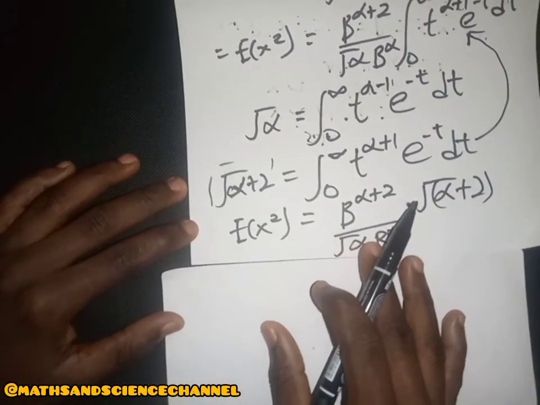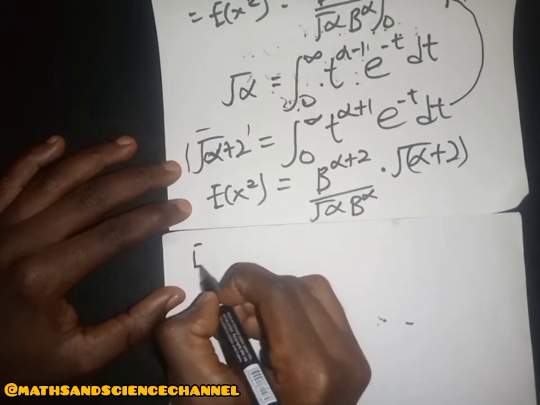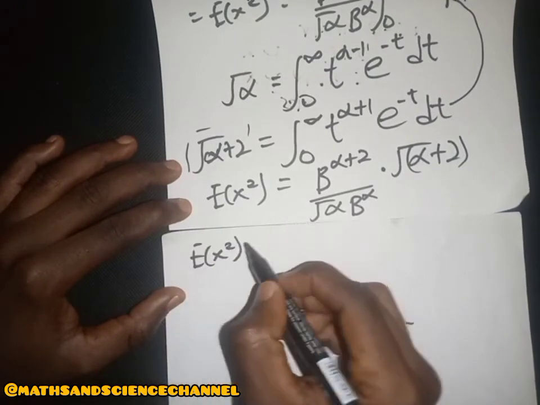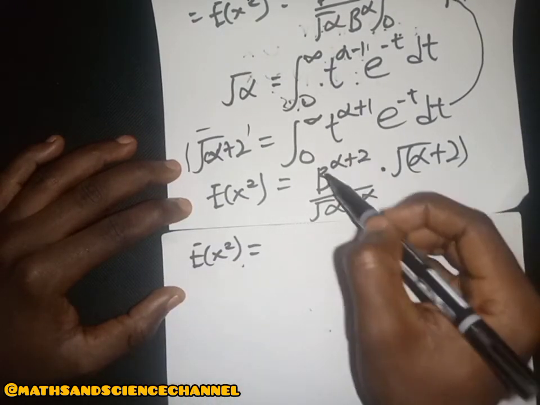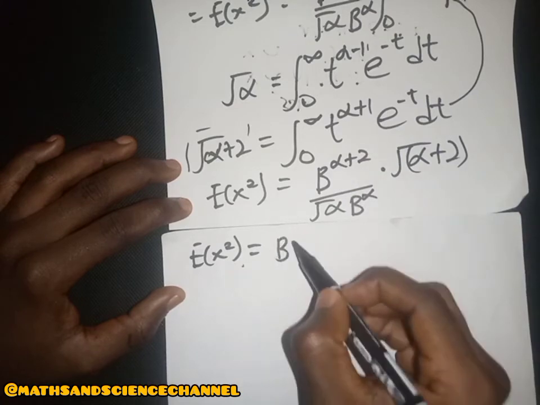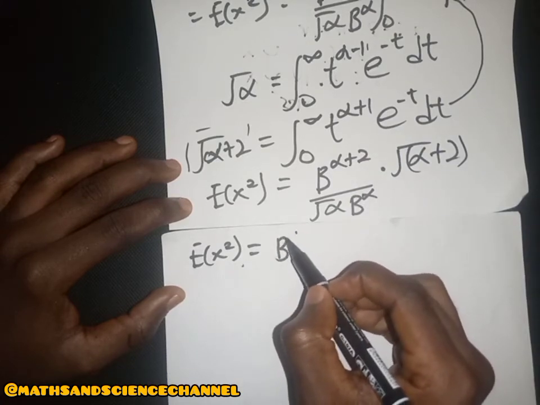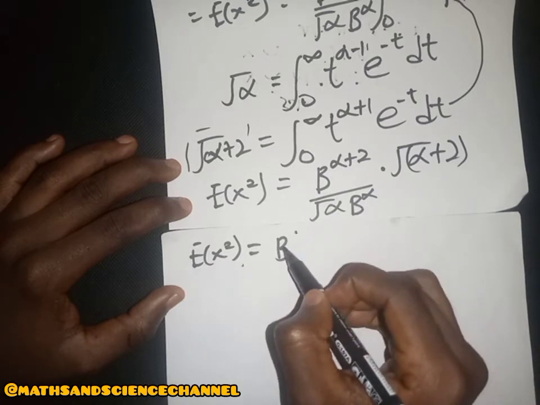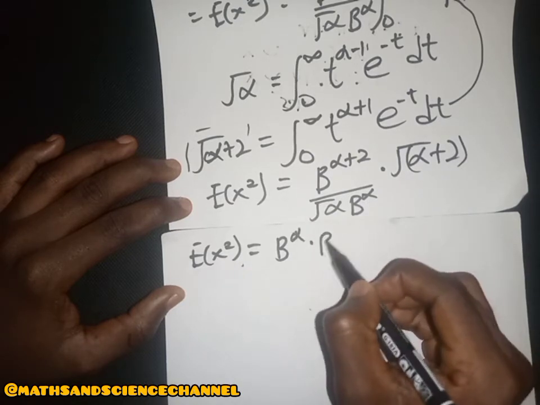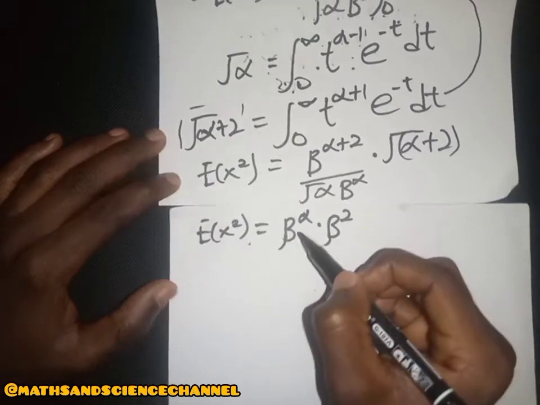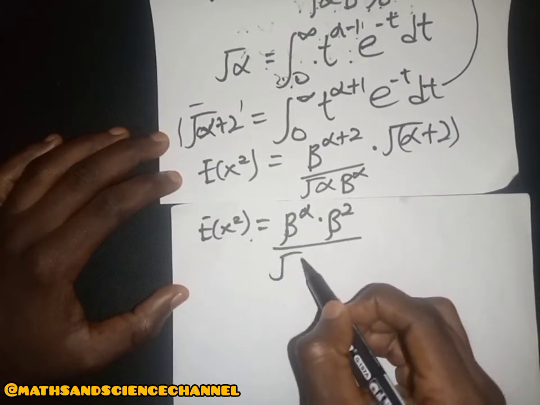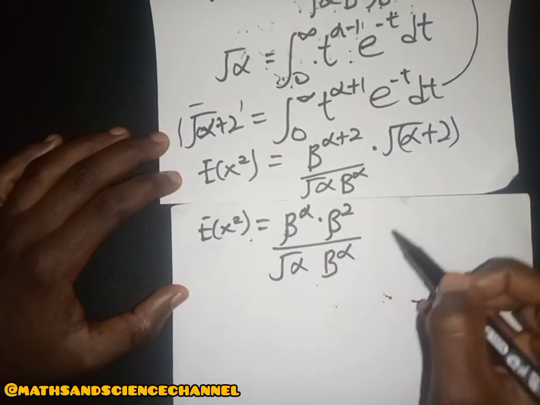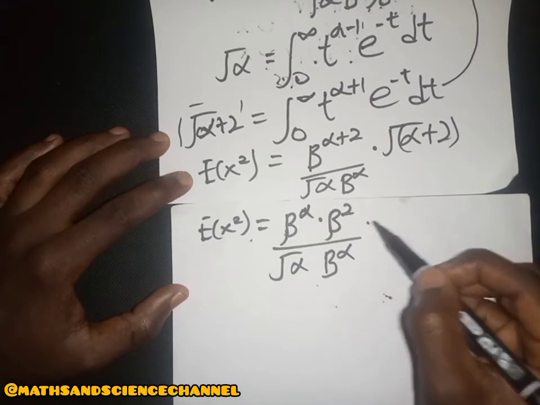Further simplifying this, writing it in terms of indices, we can have beta to the power alpha multiplied by beta squared, divided by the gamma of alpha times beta to the exponent alpha.